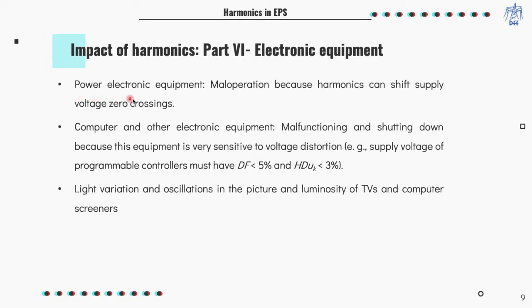Harmonics can produce the maloperation of power electronic equipment because they can shift supply voltage zero crossings. They can also produce malfunctioning and shutting down of computers and other electronic equipment because this equipment is very sensitive to voltage distortion. Moreover, harmonics can also produce light variation and oscillations in the picture and luminosity of TVs and computer screens.